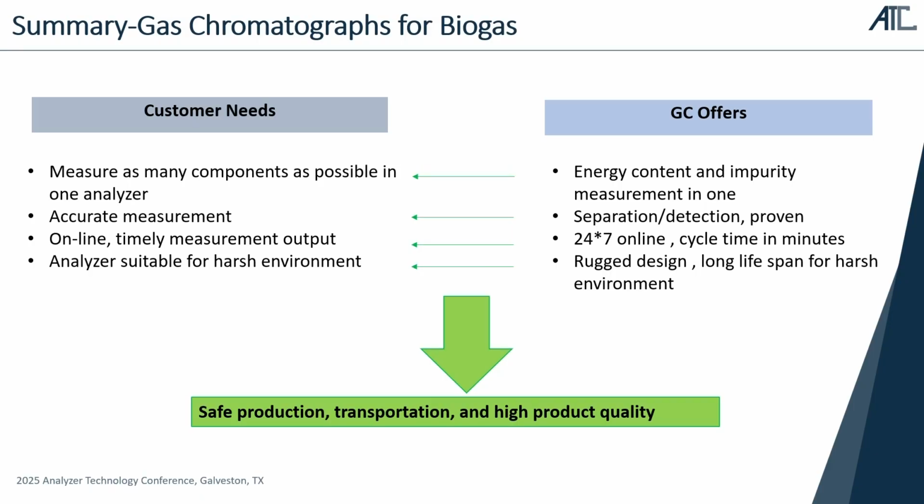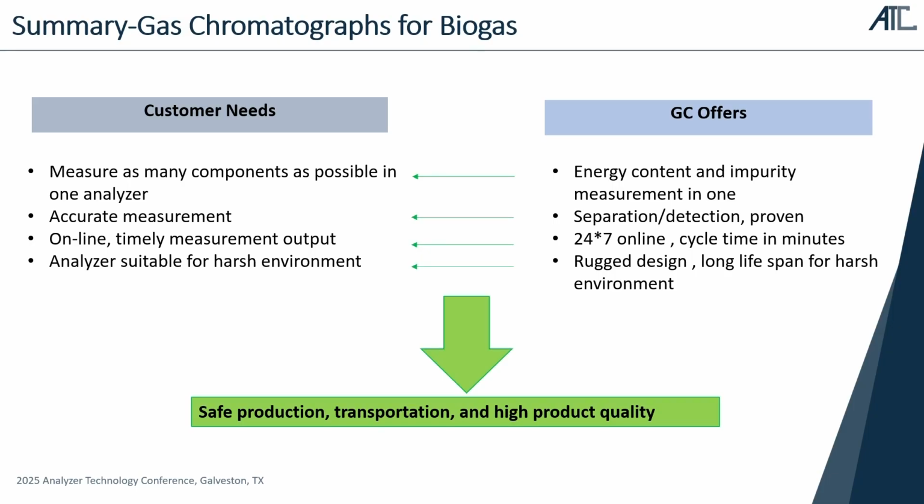right? So for this instance, for biogas measurement, GC is the best technology because one GC can measure comprehensive composition. It provides both the BTU and the impurity in one analyzer. And because of its technology, the inherent accuracy, it separates the components.